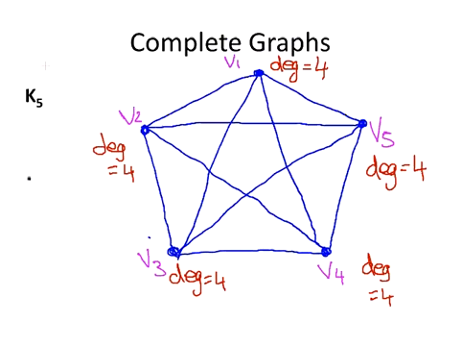Let's double check that. 5, which is n, the number of vertices, times 4, n minus 1, the degree at each vertex, and we divide that by 2, and we get 10. So we should expect to see 10 edges.